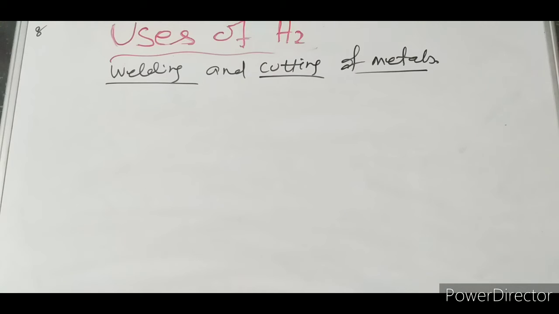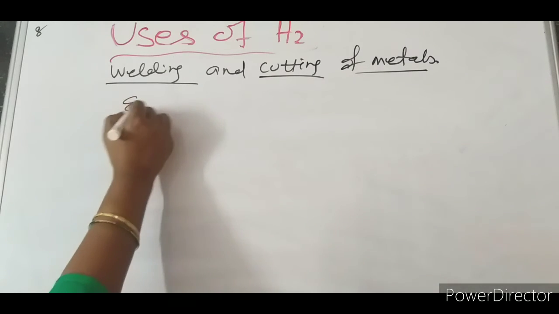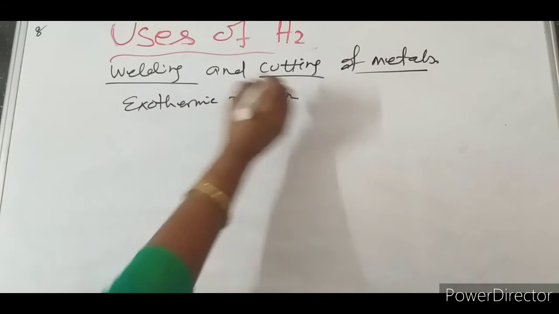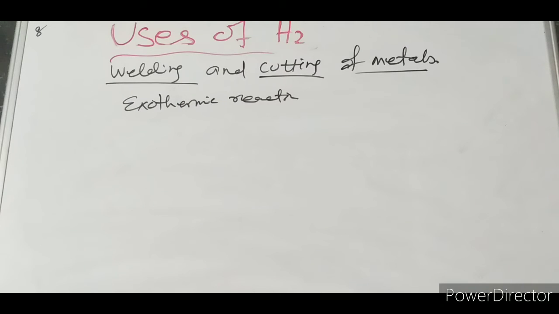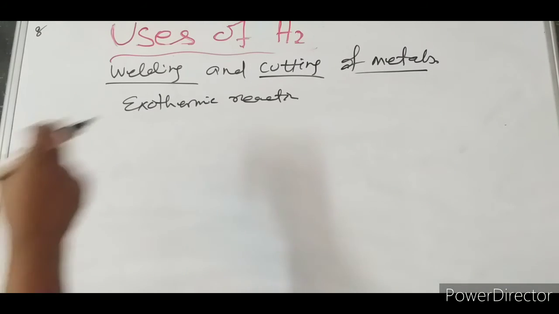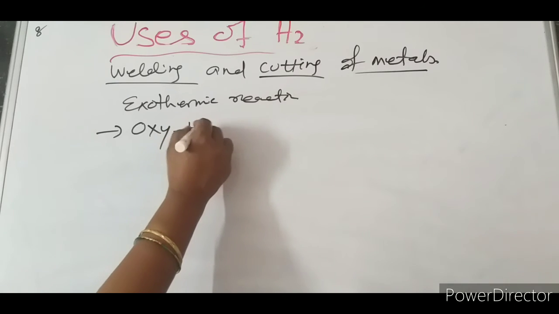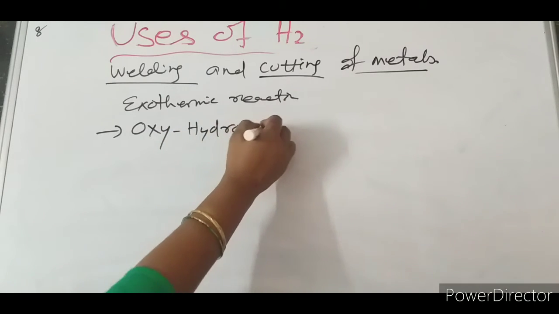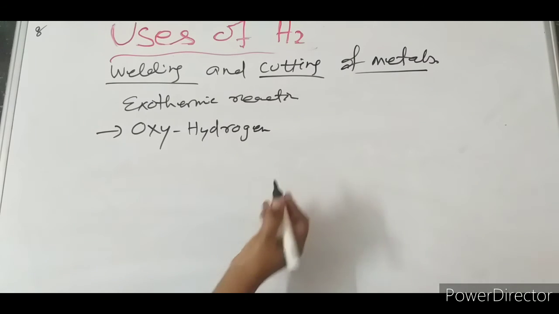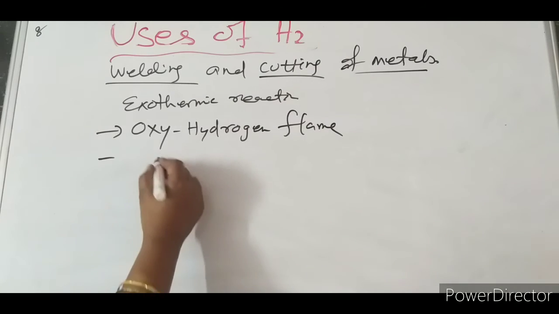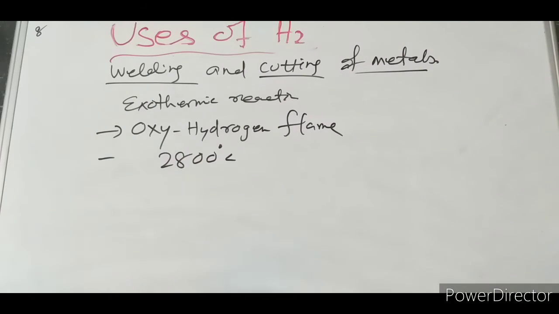Here it is a highly exothermic reaction, and oxygen burns in hydrogen, forming the oxyhydrogen flame, and the temperature is 2800 degrees Celsius.